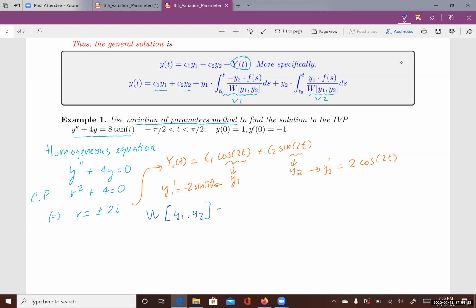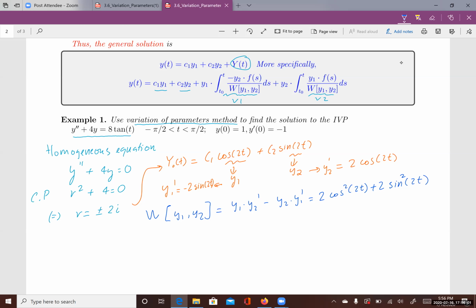And I remember that it is equal to y1 times y2 prime minus y2 times y1 prime. So it's going to equal y1 times y2 prime, which is 2 cosine square of 2t, minus y1 prime times y2, which is -2, so it's positive, sine square of 2t.